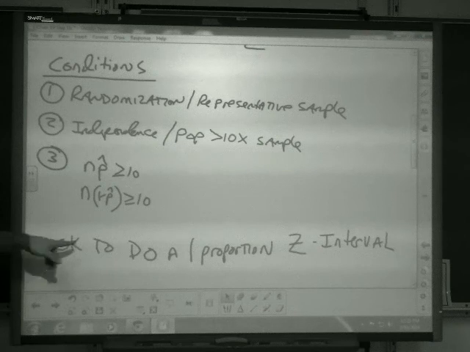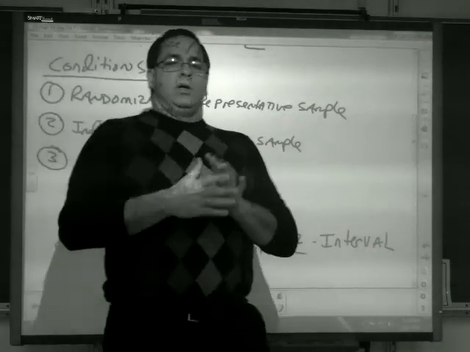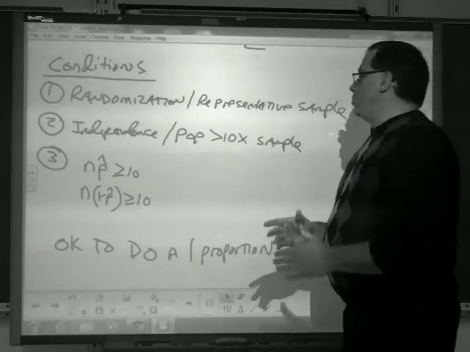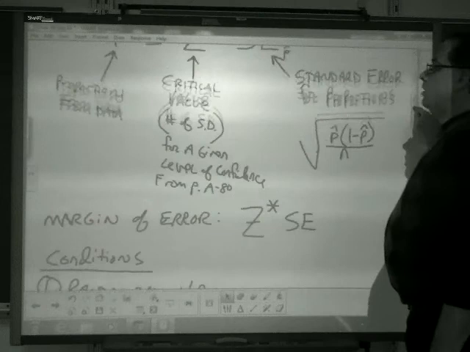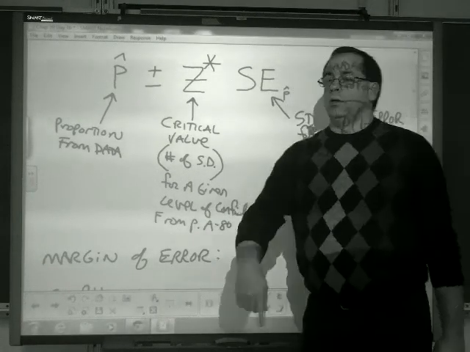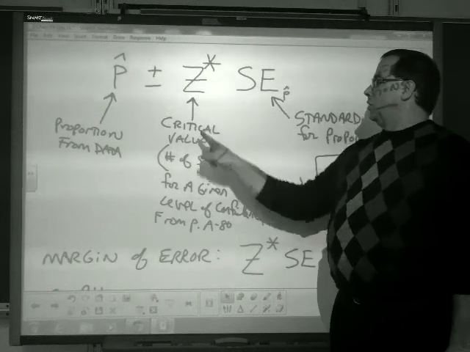And then here's another thing. Instead of saying it's okay to use the normal curve, we're going to be more specific now. What are we doing? We are doing 1 proportion, because that's all we're measuring. Z, because we're using z-scores for our critical value.